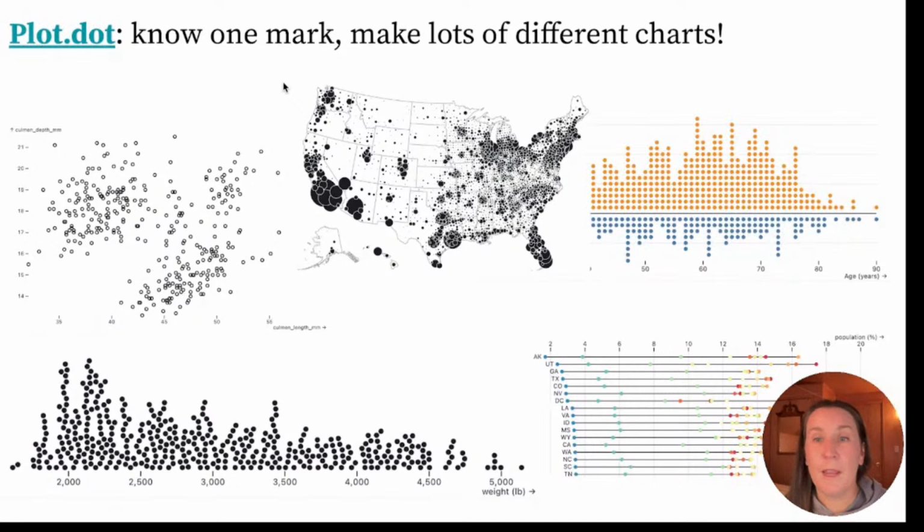But you can also make a stacked dot plot like this orange and blue one in the top right. You could make a bubble map, which we will be doing later on in this course, where different attributes of different locations determine the size of the dot mark. You can make jitter plots, rain cloud plots. You can make lollipop or Cleveland dot plots. And that's all using the same mark.